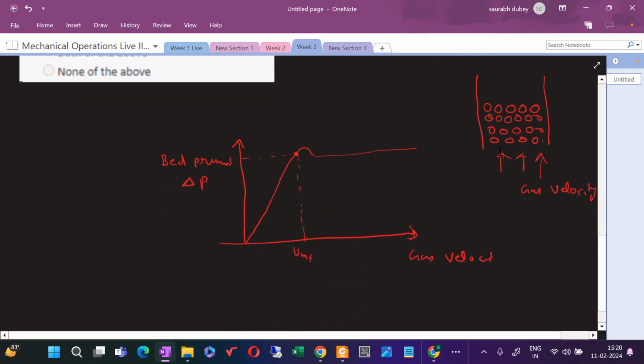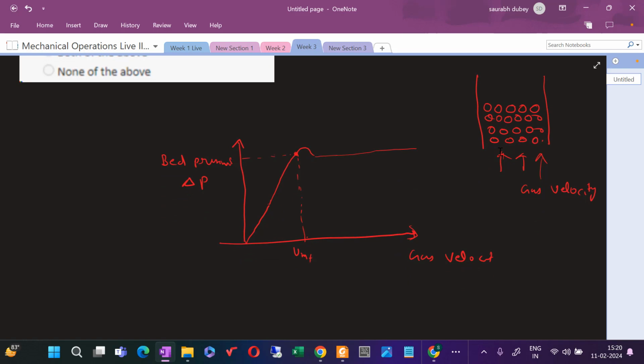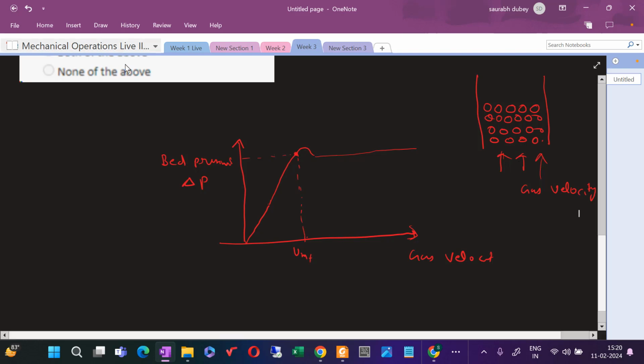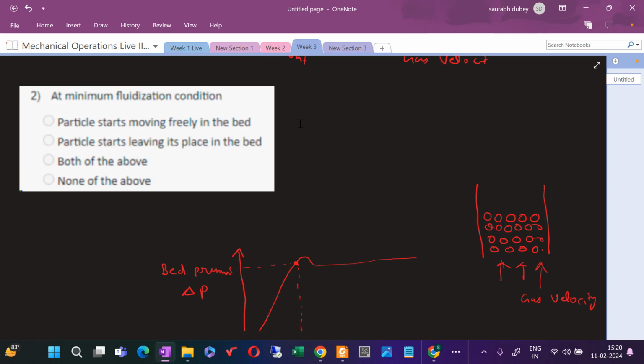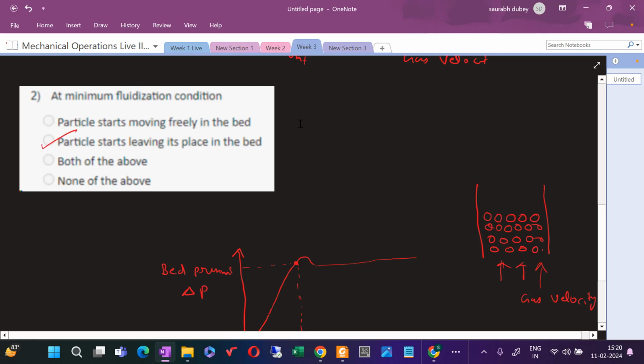But when you have reached the velocity which is UMF, the minimum fluidization velocity, the particles started moving. So the definition of the minimum fluidization velocity itself says that the particles start leaving their place in the bed. So option B is the correct answer.